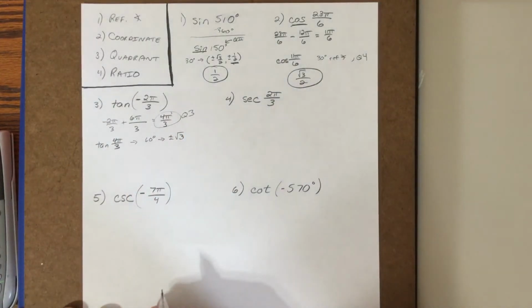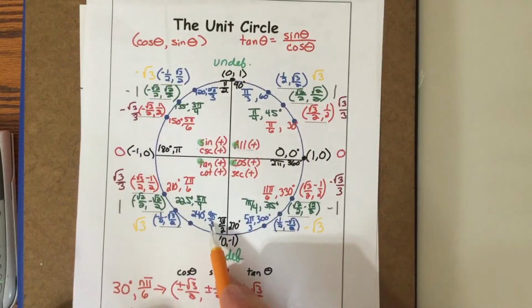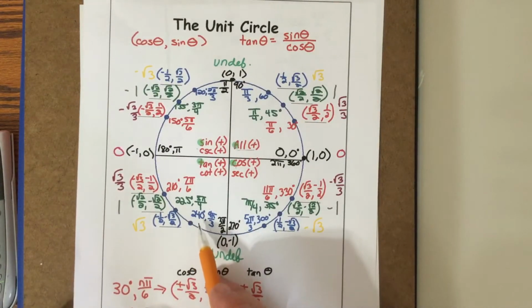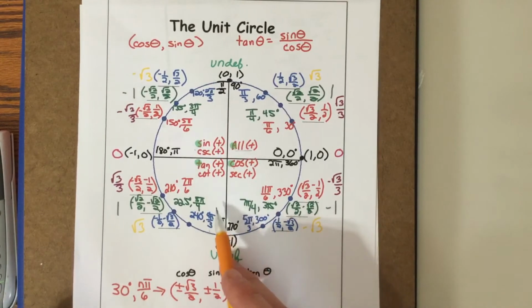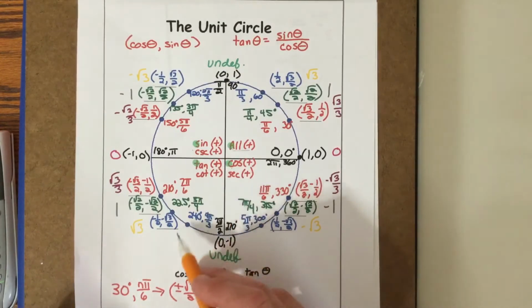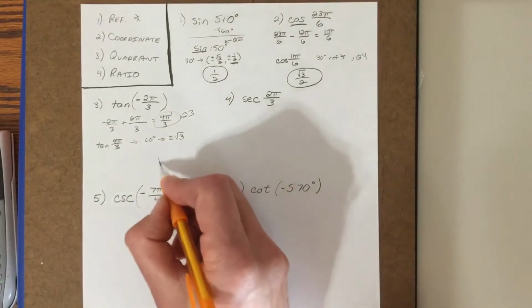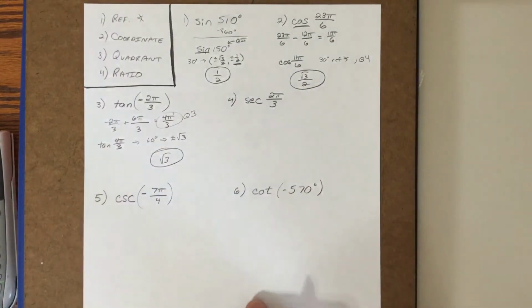We can kind of confirm that here just by looking. 4 pi over 3 is in quadrant 3. In quadrant 3, this takes us back to that all students take calculus acronym. Tangent in quadrant 3 is positive, so that means we're going to utilize the positive value that we have here, and the answer would be root 3.